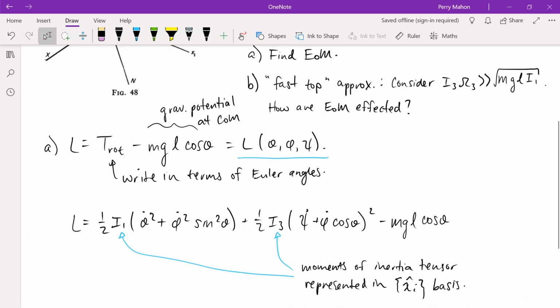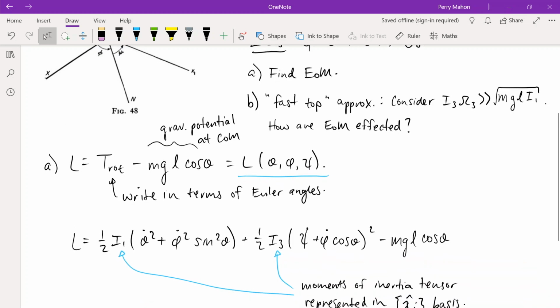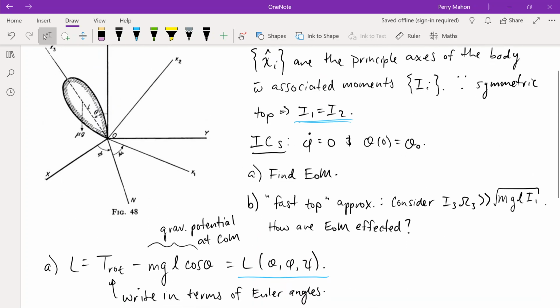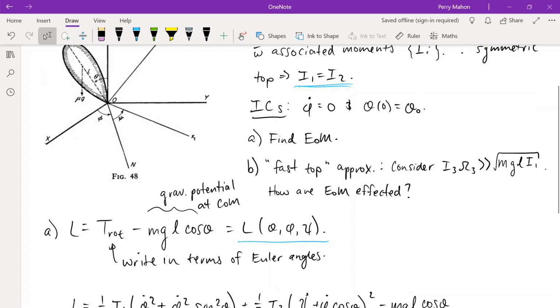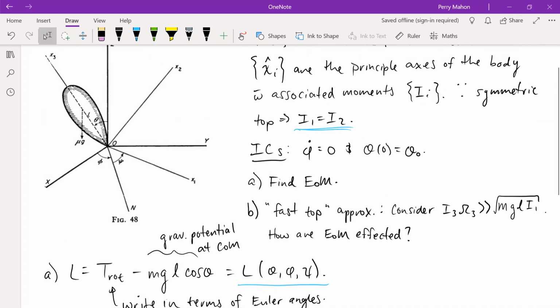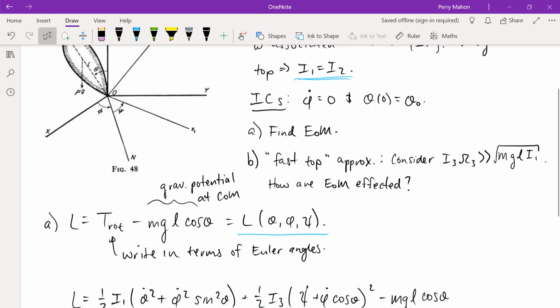If we just take a moment here to look at this Lagrangian, one thing that we might be interested in doing is thinking about how this Lagrangian compares to that if we chose the body frame to be located at the center of mass.